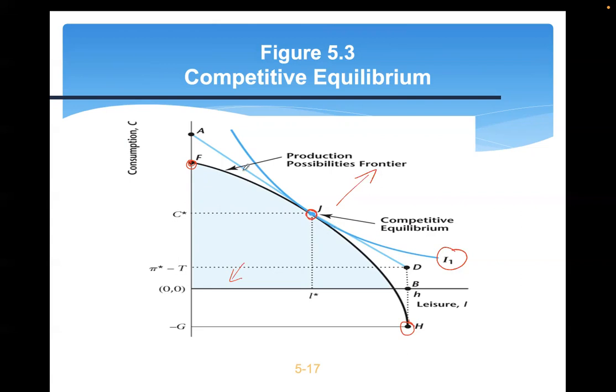Let me give you an example of what is not an equilibrium, where you can improve. It could be the case that you are here. Now what happens is, for the households, it's going to be here, and for the firm, it's going to be here. So essentially what happens here is that households supply NS that is too high, which means the marginal productivity of labor is too low.